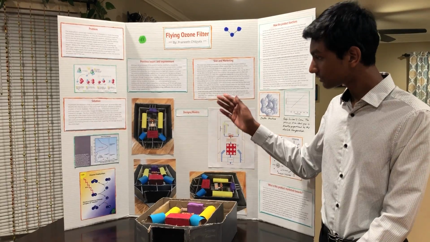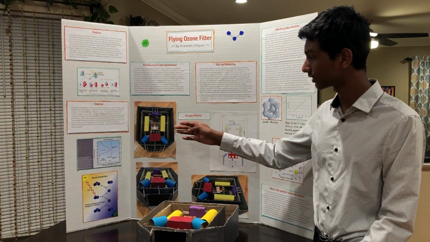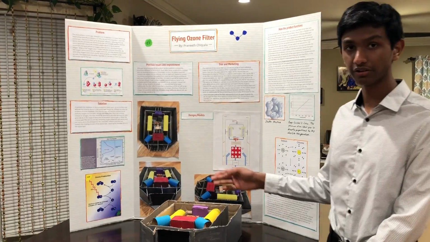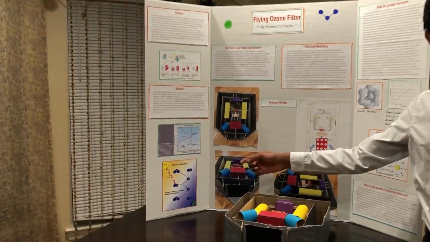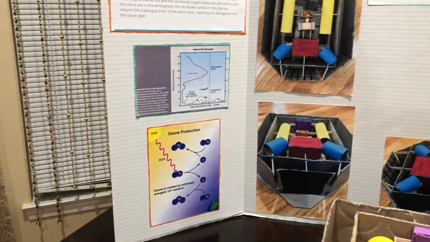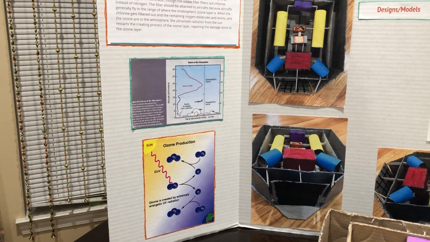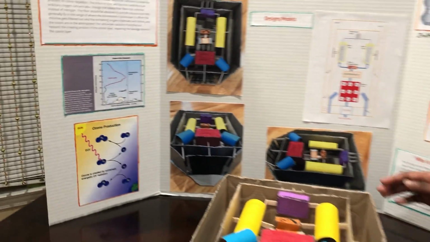As the filter filters out chlorine atoms, the ozone layer will be reproduced when oxygen molecules break into two oxygen atoms and bond with other oxygen molecules to form ozone molecules.